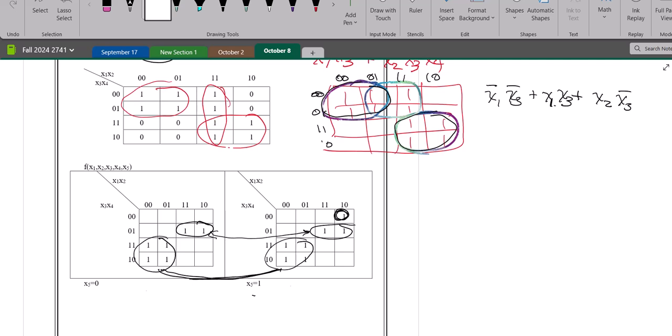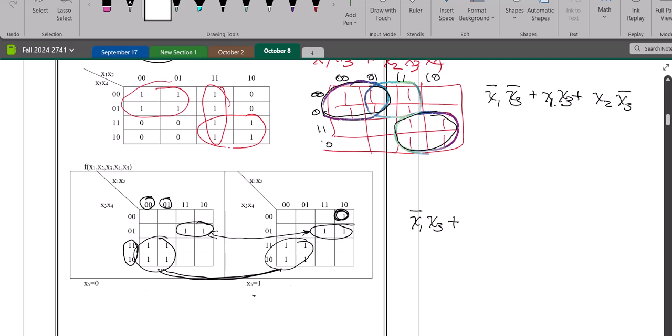What they have in common is this row, this column, and those two rows. So that gives me an X1 bar and an X3. Plus, oh, I made a mistake, and we'll come back to my mistake in a minute.